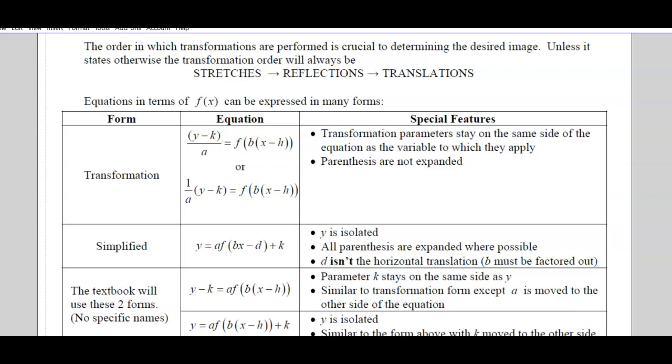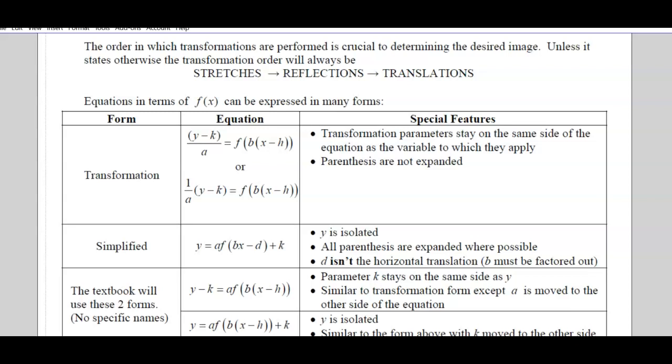But then if you do a vertical translation, you replace just y. So that's why there are brackets. In terms of x, you do the stretches first, and then we replace x with x minus a for translation. So that is transformation form. It's not y equals, right? Anything to do with y is on the left.